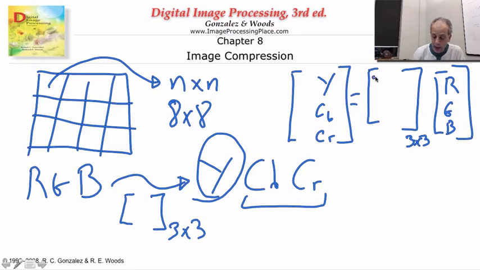So the Y is a linear combination of the RGB, the Cb is a linear combination, and the Cr another. And this matrix is invertible. So once you decode the YCbCr, you multiply by the inverse of this matrix and you get back the RGB.